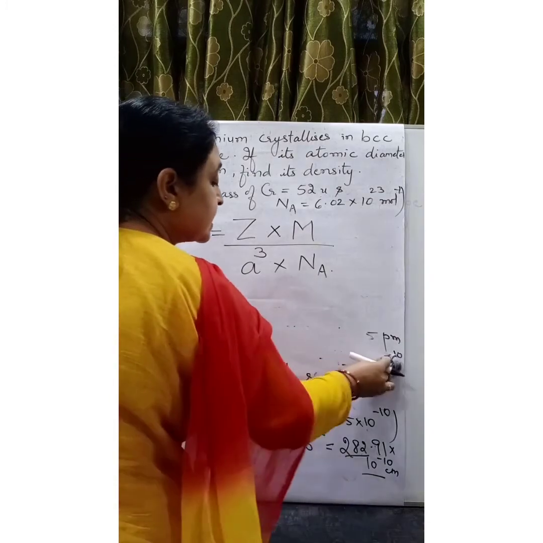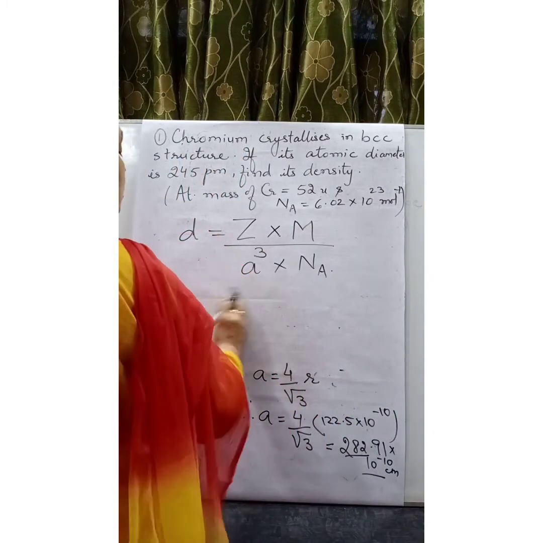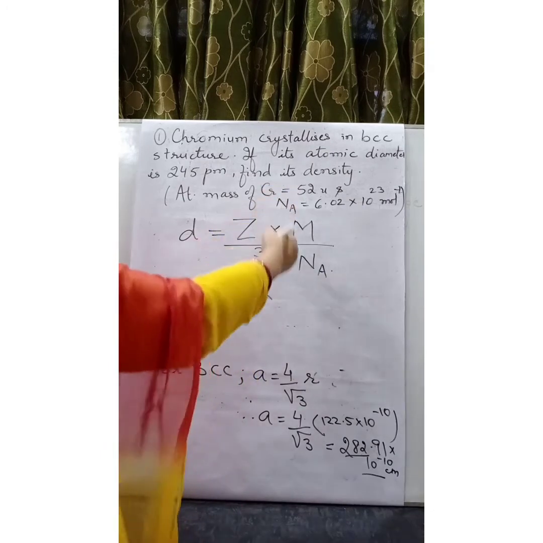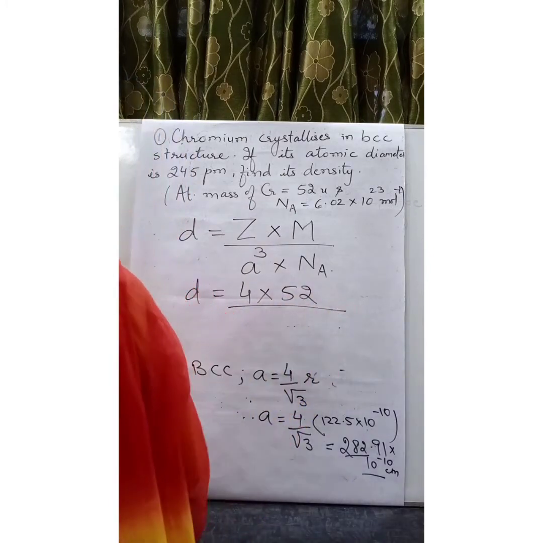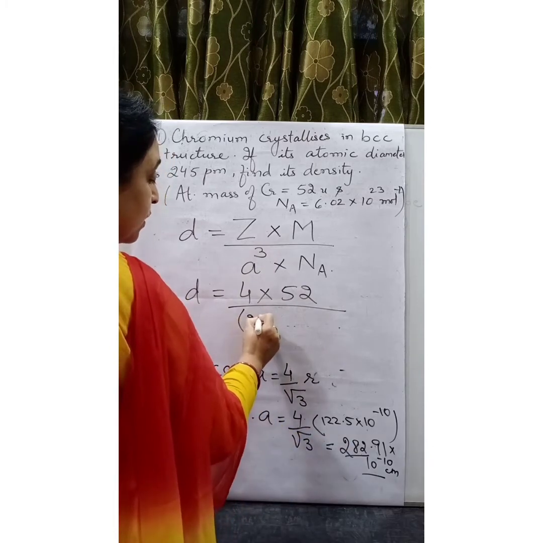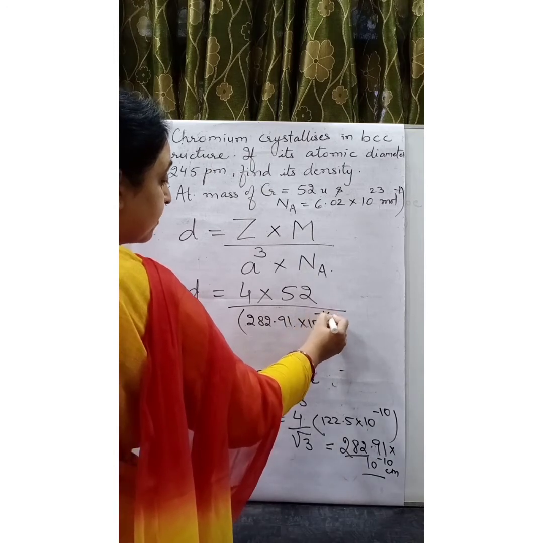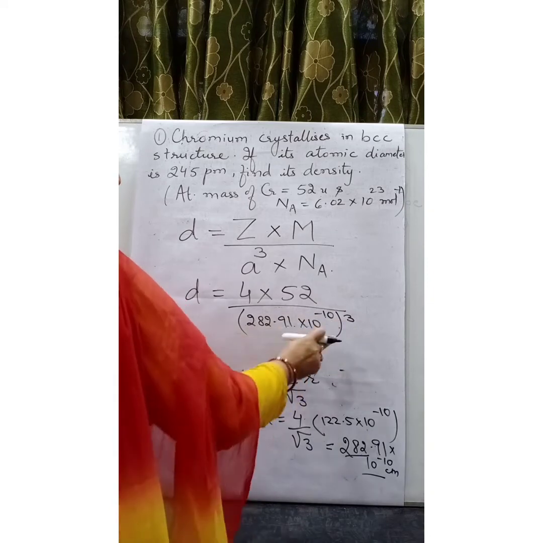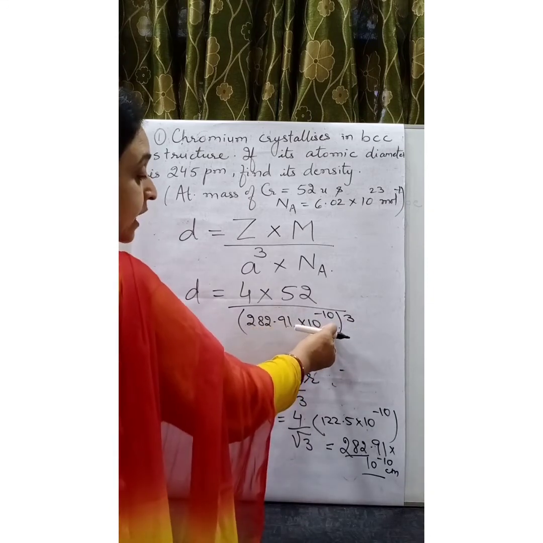For BCC structure, Z is 2. So we will write density is equal to 2 into molar mass of chromium, 52, upon a cube. What is the edge length? 282.91 into 10 to the power minus 10 whole cube. Sometimes we forget: we are just making the cube of this number and we ignore the cube on the power.